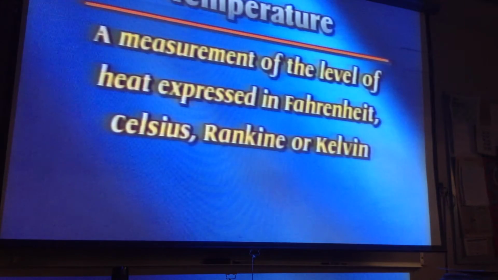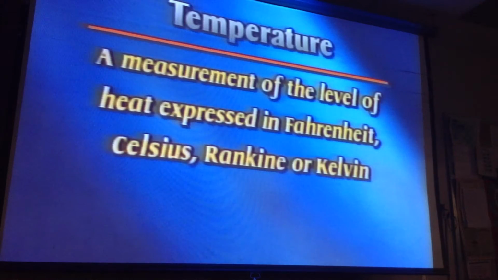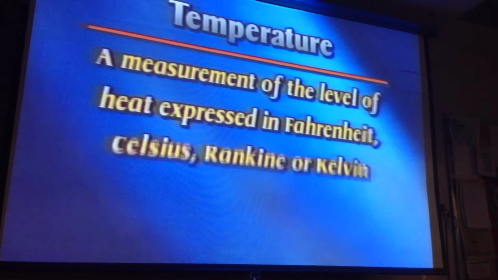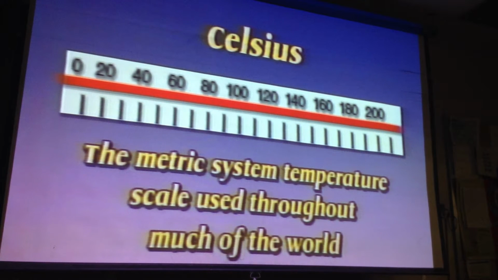Temperature is a measurement of the level of heat expressed in Fahrenheit, Celsius, Rankine, or Kelvin. Fahrenheit is the temperature measurement scale used mainly in the United States. Celsius is the metric system temperature scale used throughout much of the world.